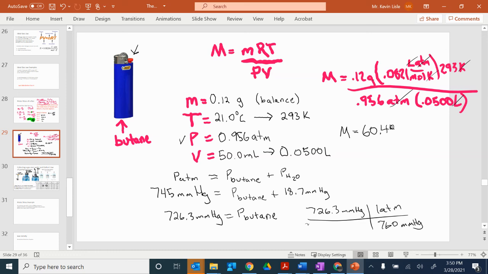And on the previous video, we said using the periodic table, the actual value or the real value is 58.14. And so that's a pretty close approximation, the difference only coming from experimental error that we might have within the process.